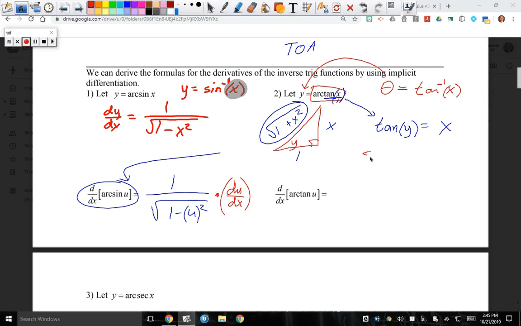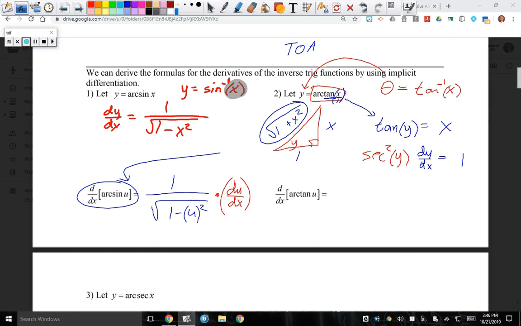Secant squared of the stuff times dy dx. Chain rule. It's equal to what on the right side? What's the derivative of x? Just 1. Okay? So secant squared of y times dy dx is equal to 1.